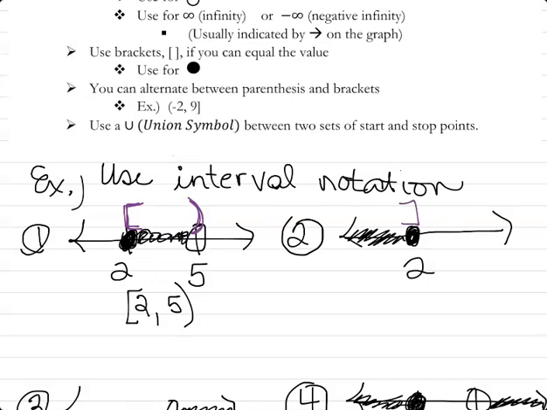When our shading starts on the far left, that's negative infinity. So my shading is going from negative infinity to 2. I can never equal the negative infinity, so I use a parentheses. And on the 2, we can equal it, so we're using a bracket.